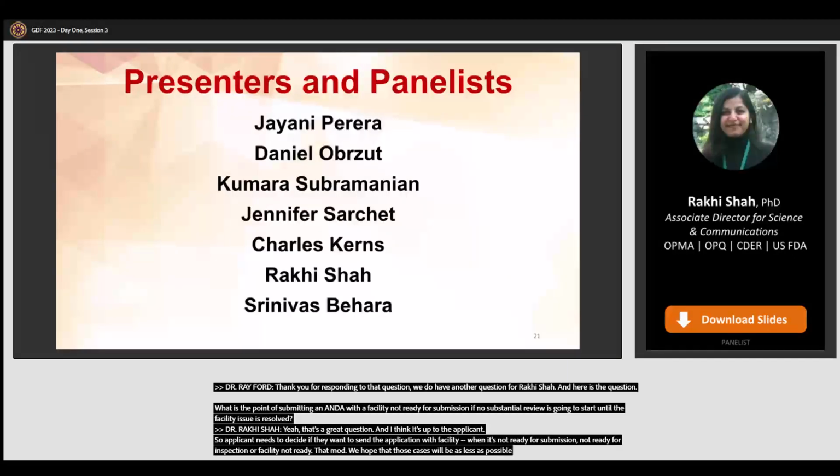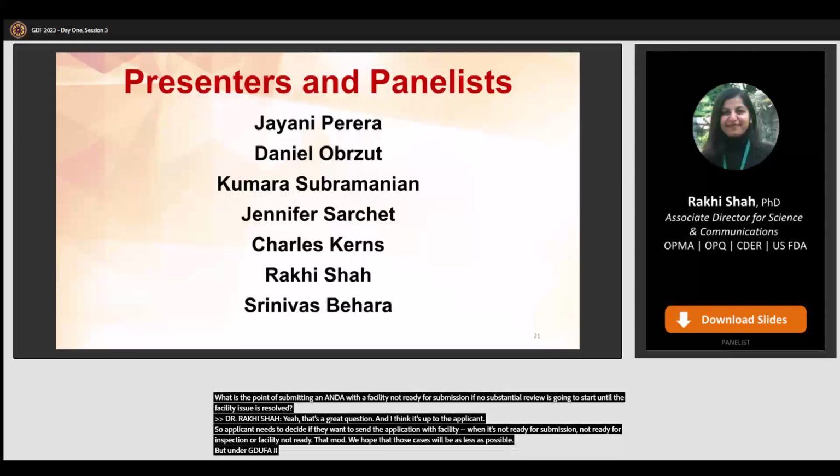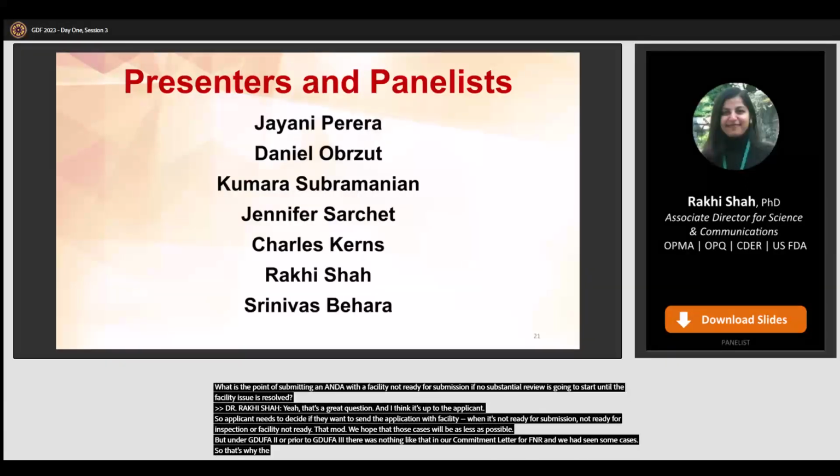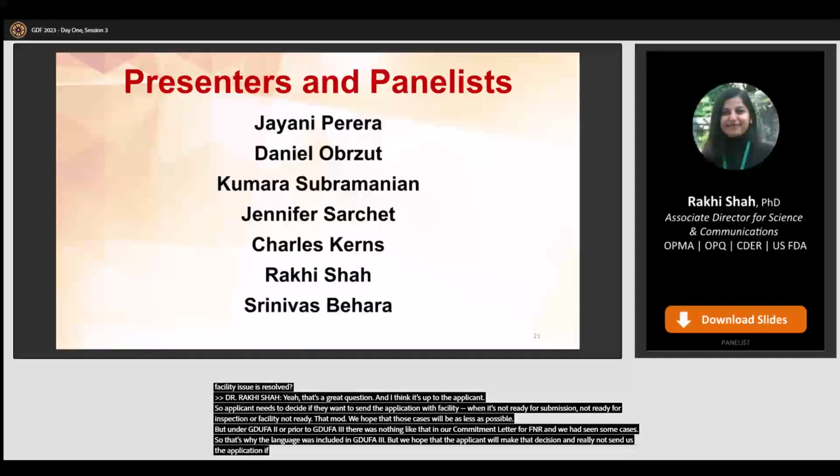But under GDUFA 2 or prior to GDUFA 3, there was nothing like that in our commitment letter for FNR, and we had seen some cases. So that's why the language was included in GDUFA 3. But we hope that applicant make that decision and really not send us the application if facility is not ready or it's not going to be ready, because no substantial review will take place until month 15. After month 15, it may change.